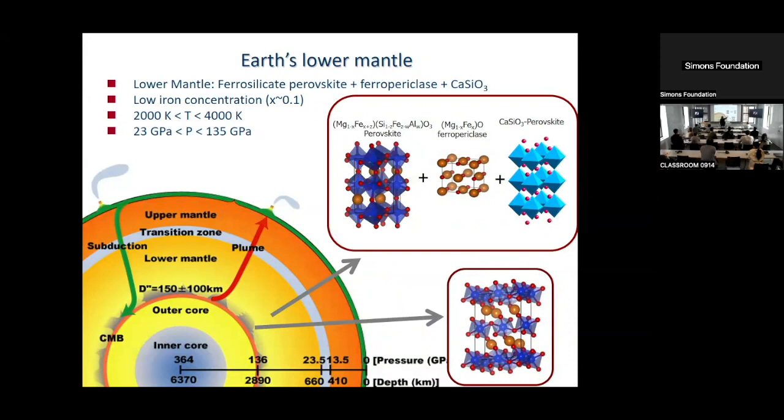This is bridgmanite, and it transitions to post-perovskite at the conditions of this region here. So we have 23 gigapascal, or 230 kilobars, and 135 GPa here at the core-mantle boundary. 2,000 kilometers, 2,000 Kelvin, 1900 Kelvin here, about 4,000 Kelvin here.